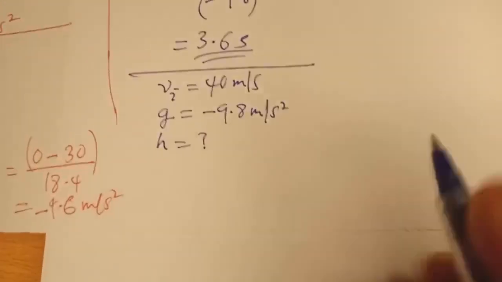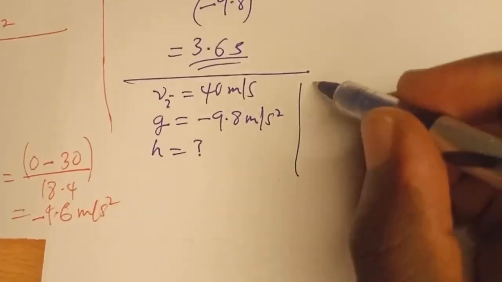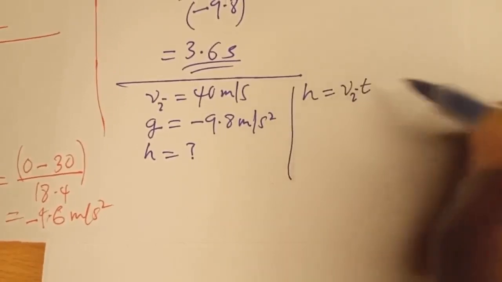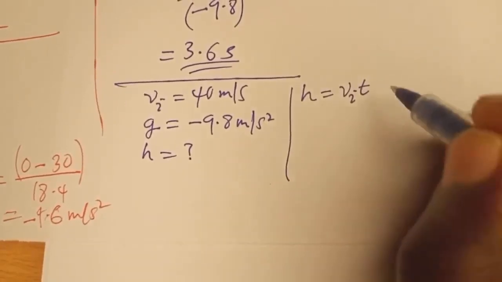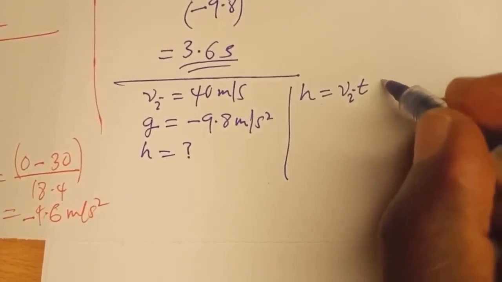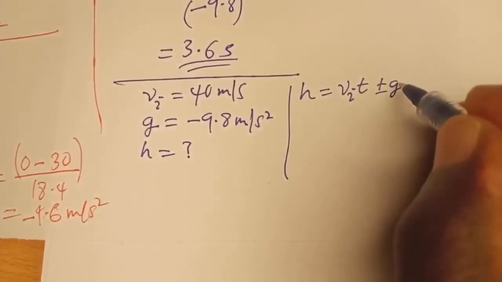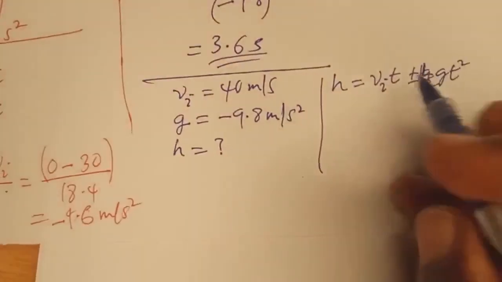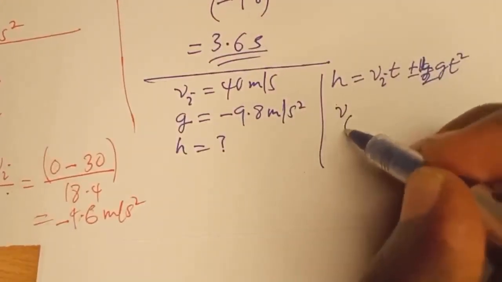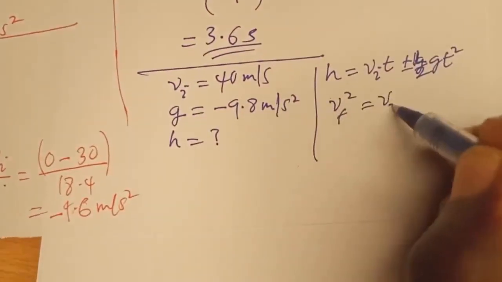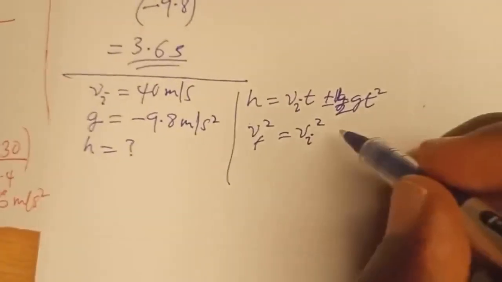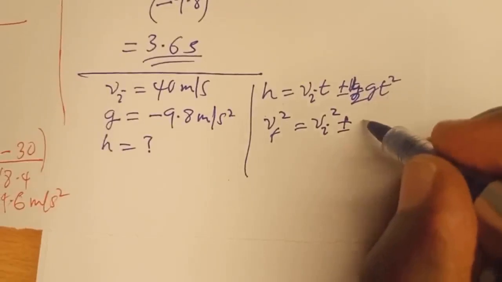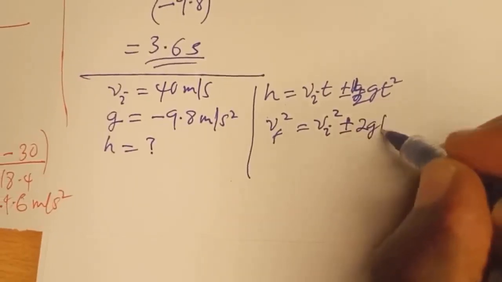We have two formulae for calculating this height. We can use h is equal to v sub i t plus or minus half g t squared, and we have another one that says v final squared equals v initial squared plus or minus 2gh.